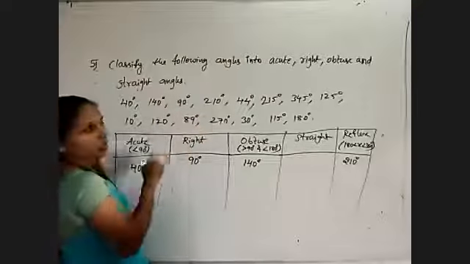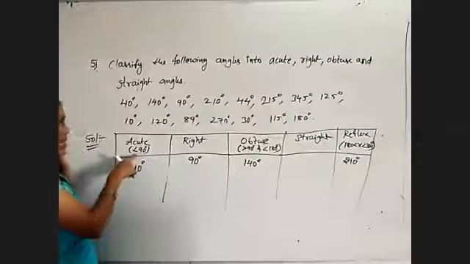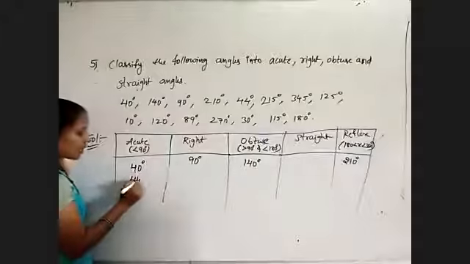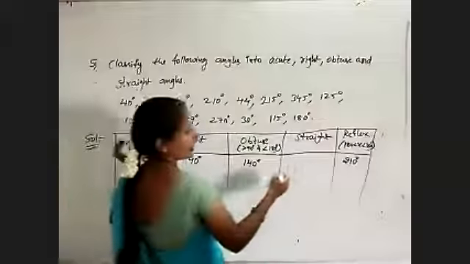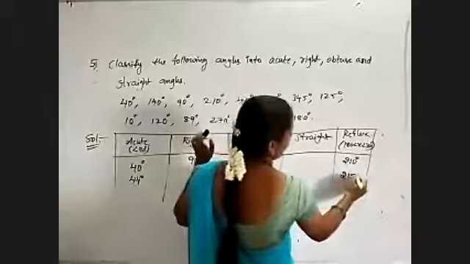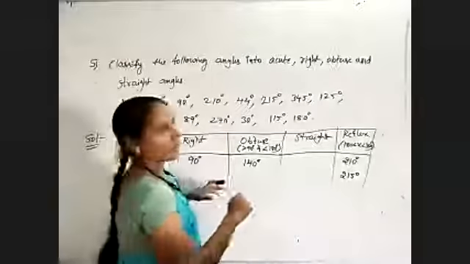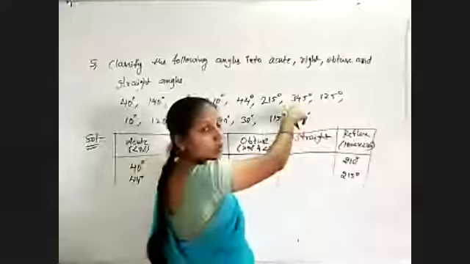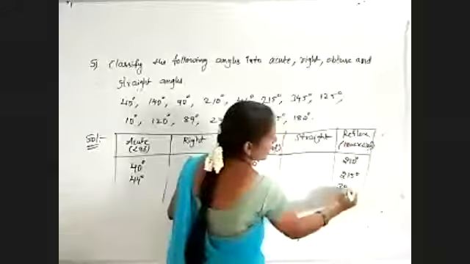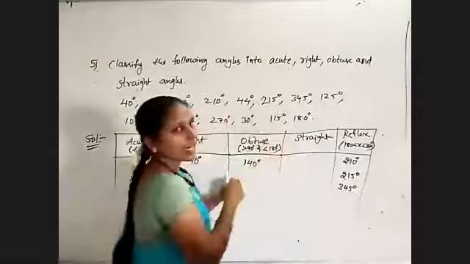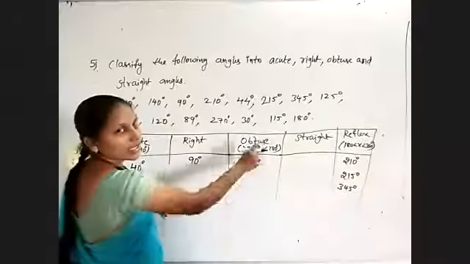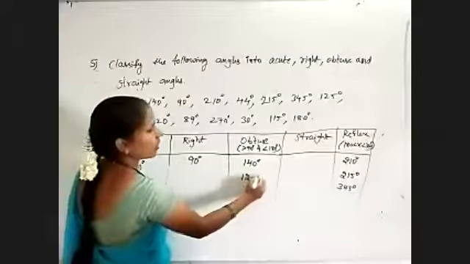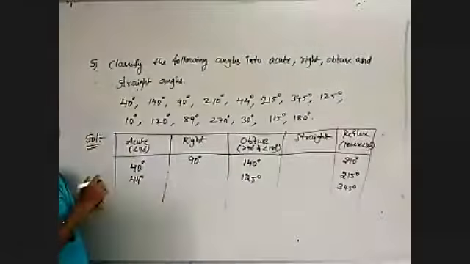Next, coming to 44 degrees. 44 degrees is lesser than 90, so acute angle. And 215. 215 is more than 180, so reflex angle. Next, 345. 345 also more than 180, so reflex angle. 125. 125 is in between 90 to 180, so obtuse angle.